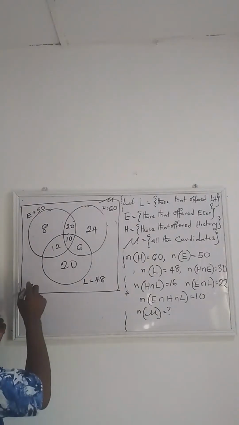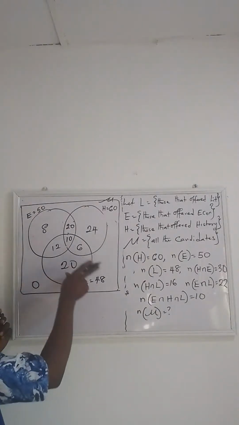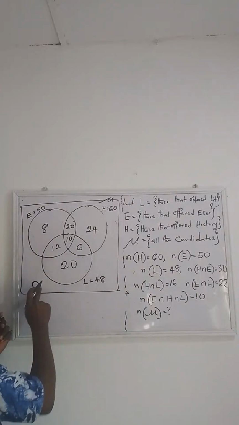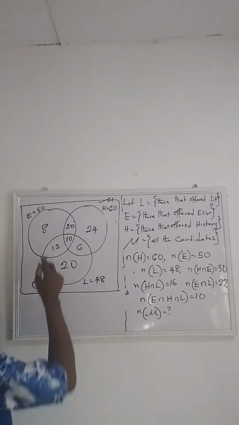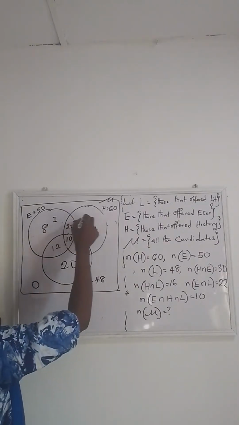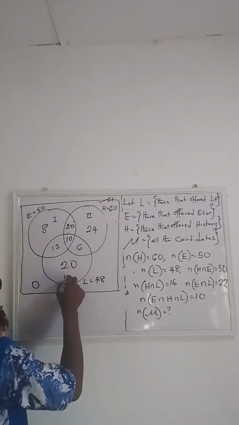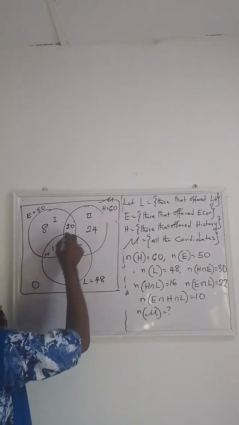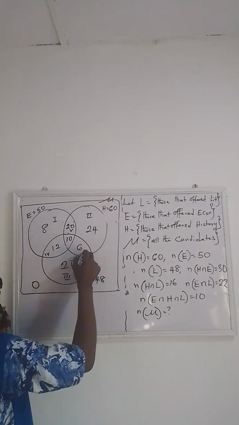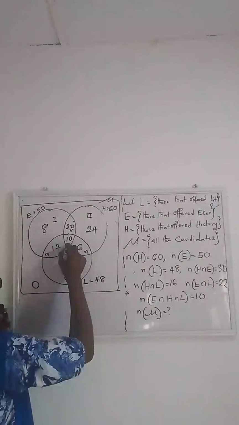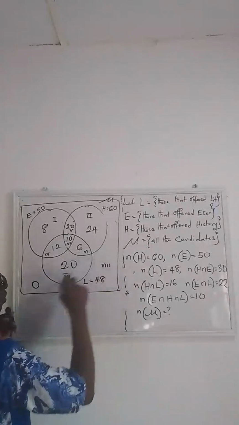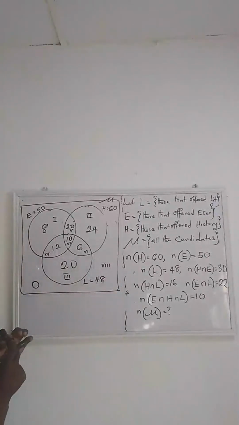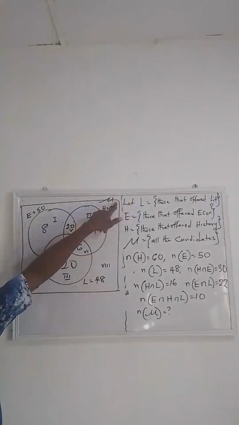So that means the number of those that did not participate in the exam will be what? 0. Okay. So now we are going to add all the parts together. We have part 1, part 2, part 3, part 4, part 5, part 6, part 7, and part 8. When you add all these parts together, you have the universal set.